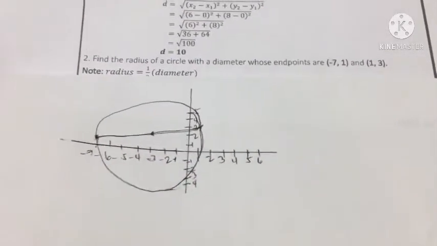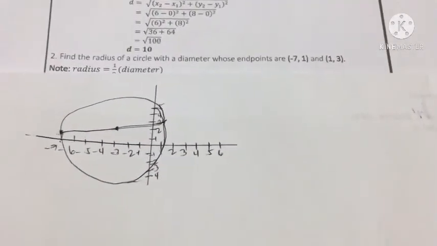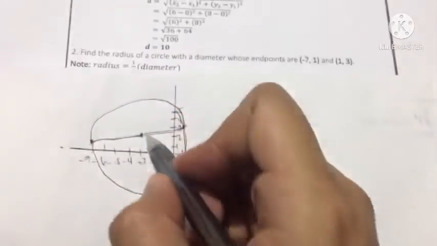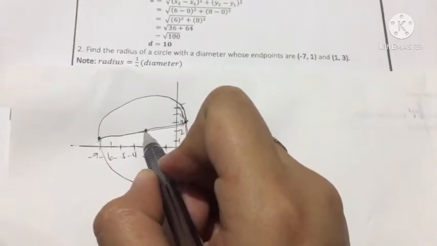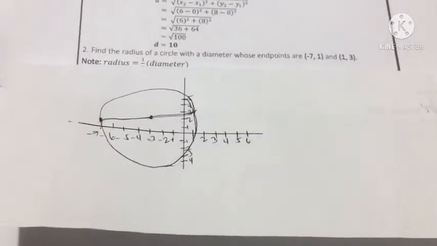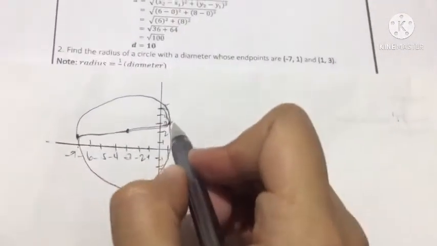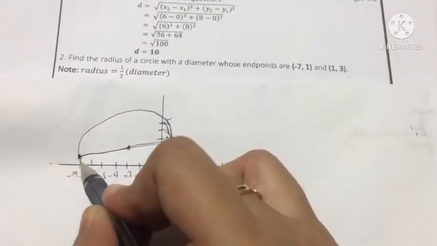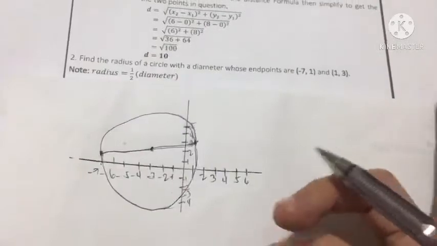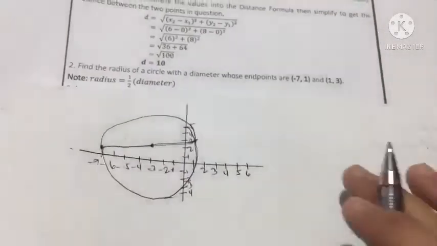So, to solve for that, we can use the distance formula. Okay? Paano natin hahanapin yung ating radius? Gagamitin natin ang distance formula natin. So, kunin muna natin yung distance from this point to this point. Then, i-half natin into 2 para makuha natin ang ating radius.